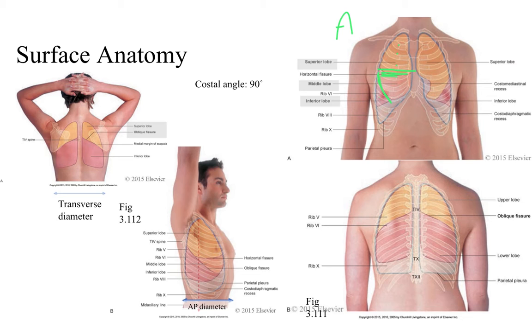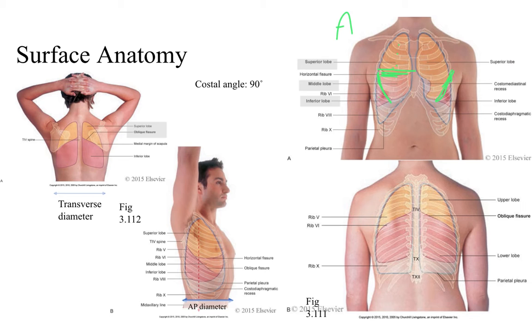On the left side, all you have is two lobes, so therefore you only have one fissure, and that is going to be an oblique fissure. Notice that the oblique fissures are at about the same location on each side. If this is rib 4, they extend from about the inferior portion of rib 4 down to rib 5, 6.